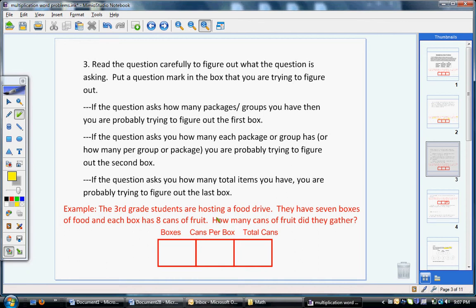So in my question, it says how many cans of fruit did they gather? We saw that it matched up with this word right here, the total number of cans. I know that each box has 8 cans, so that would go in here. The question is asking for the total number of cans. So I'm going to put my question mark in this last box right here because I'm trying to figure out what is the total number of cans I will have in this food drive.